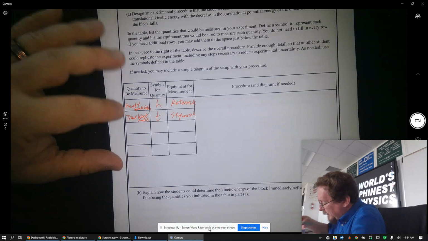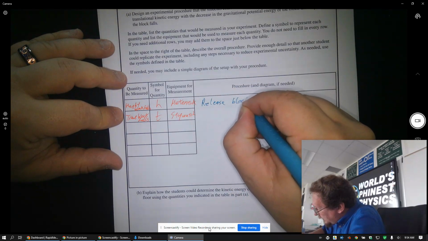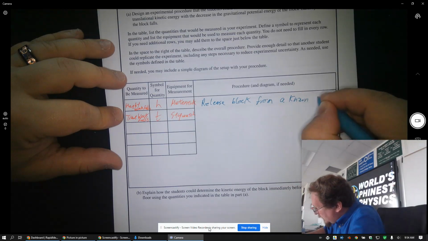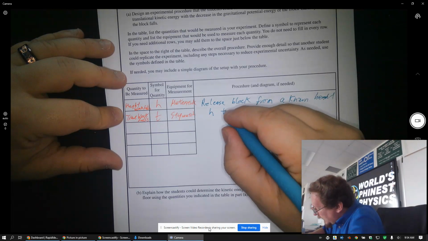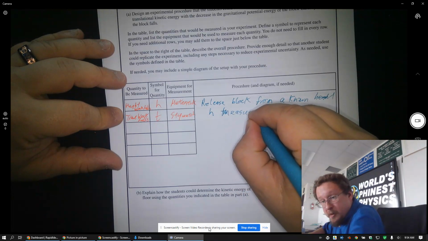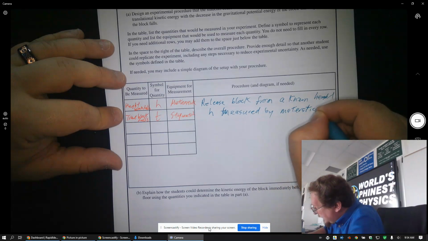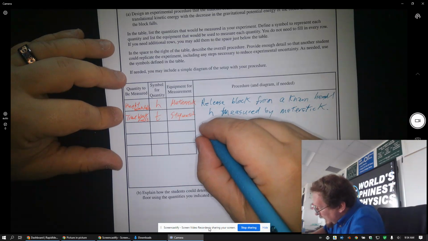Describe the overall procedure. Release the block from a known height H, measured by the meter stick.